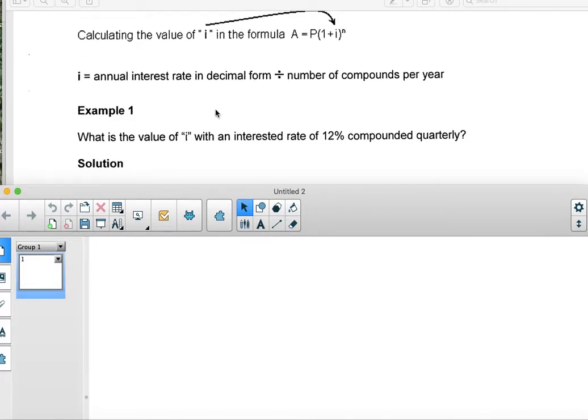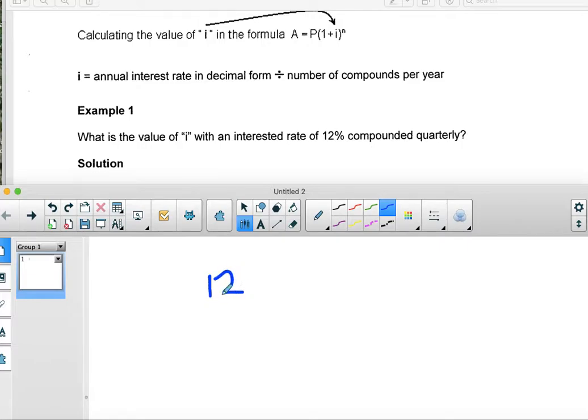So for interest rate in decimal form divided by the number of compound periods. It says, what is the value of i with an interest rate of 12%? Remember, when we are solving this, 12%, we need to put it in decimal form. So you have to take that 12 and divide it by 100 first.